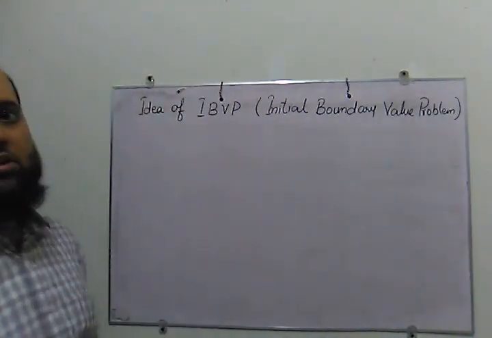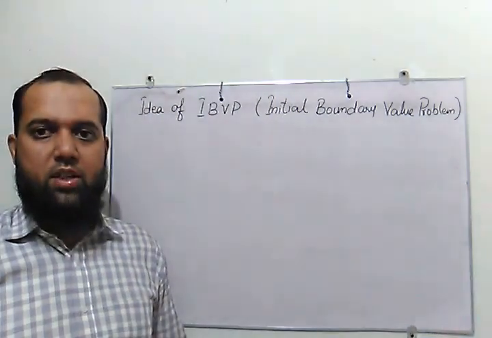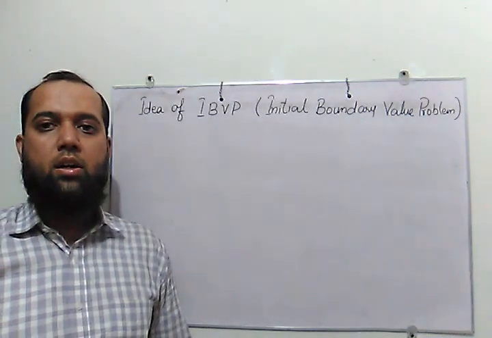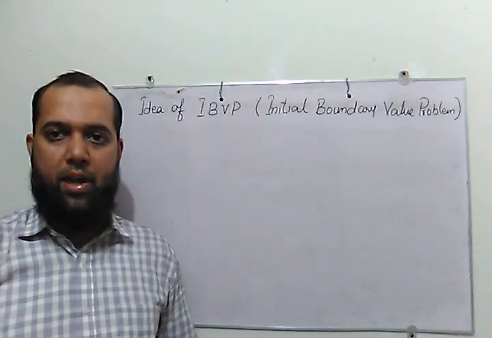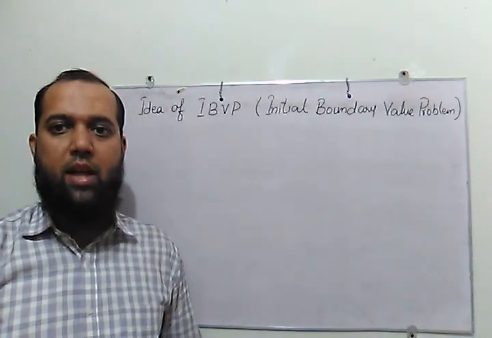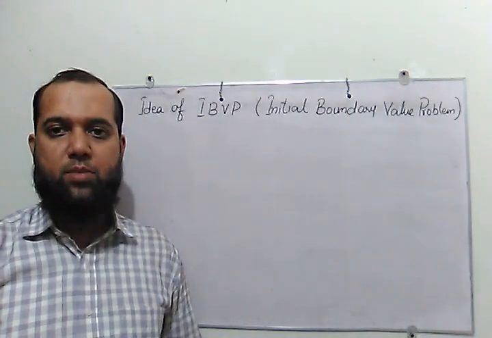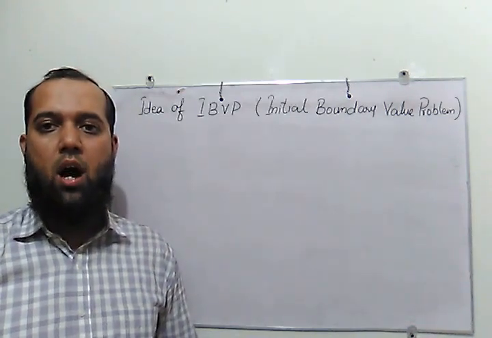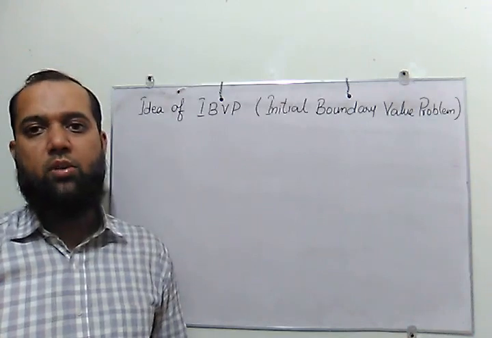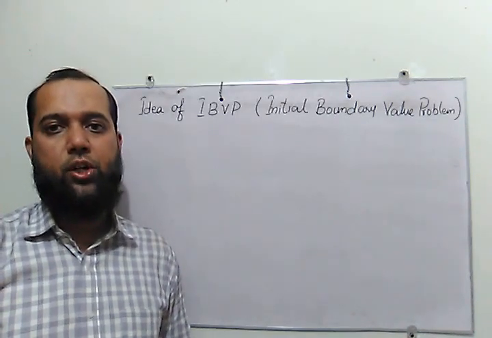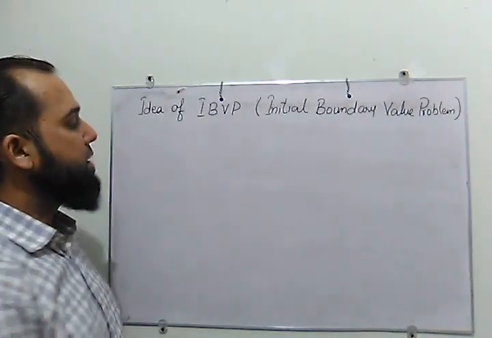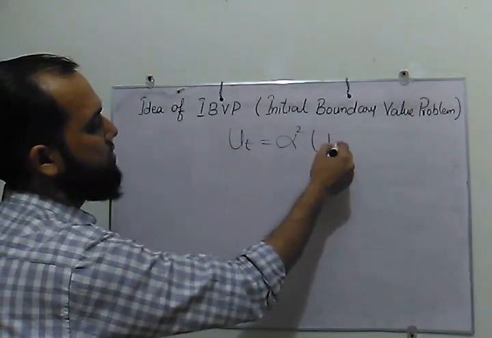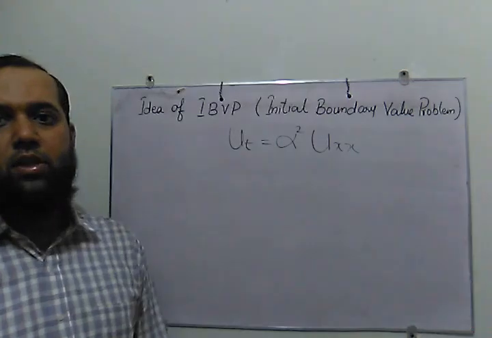Now we have said that we will start with a simple experiment. We will see the partial differential equation that describes that experiment. Then we will modify the experiment, make it more complicated, and we will see how the partial differential equation changes with these modifications.